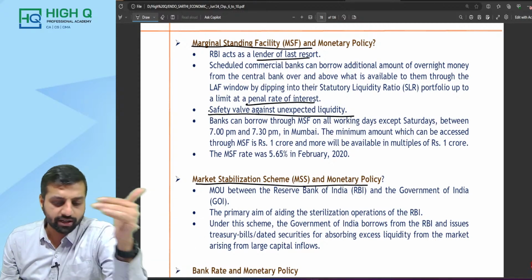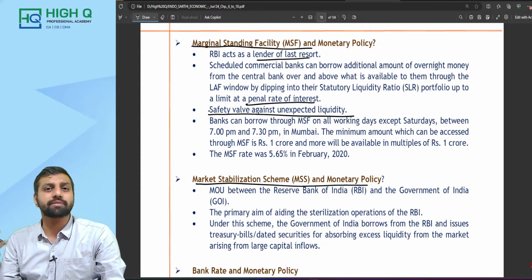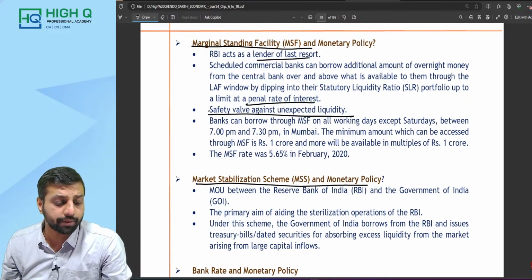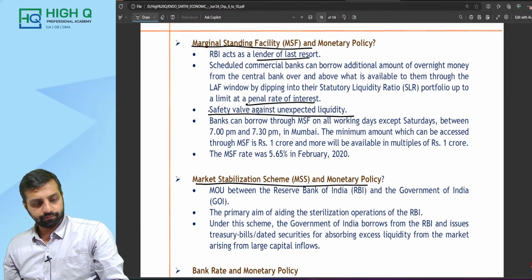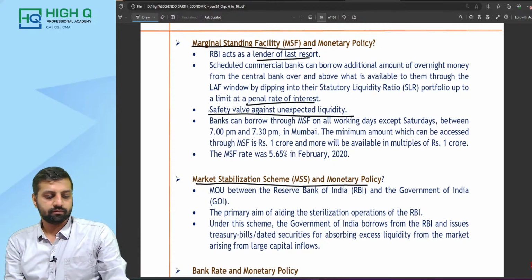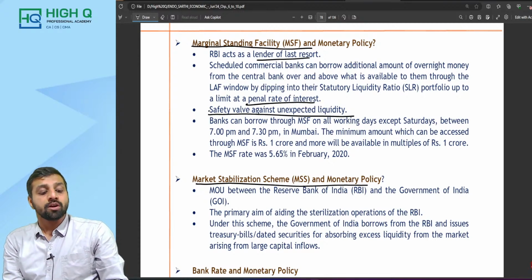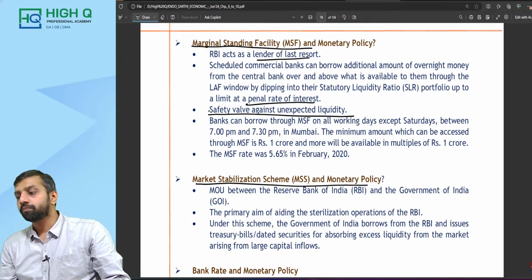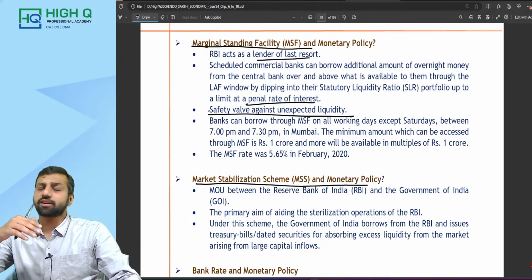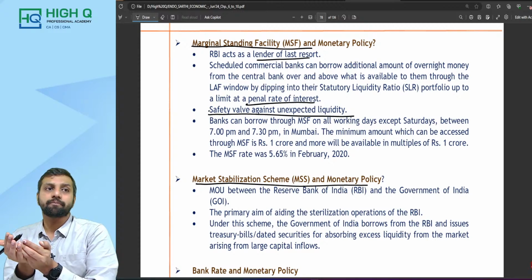So now if the money is coming in, should we tell them no, don't come, there will be the problem of inflation in our economy? Can we do that? No. So what did Manmohan Singh do? He took money from the foreign sector, which increased the money supply in our economy.